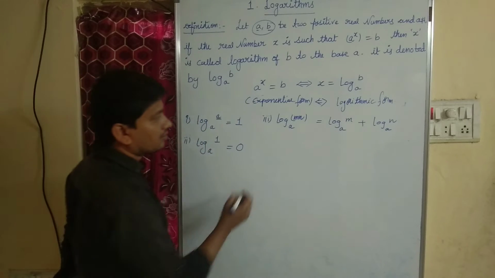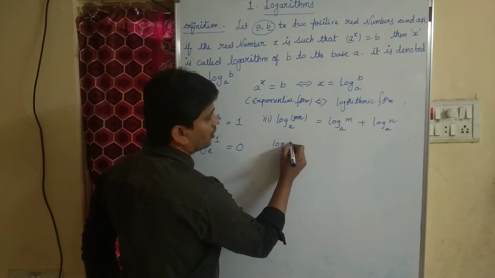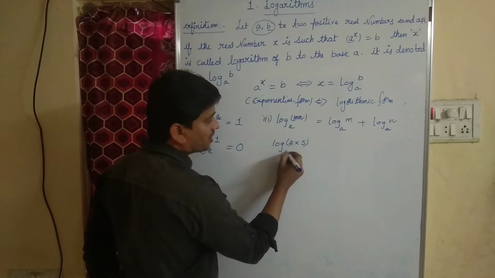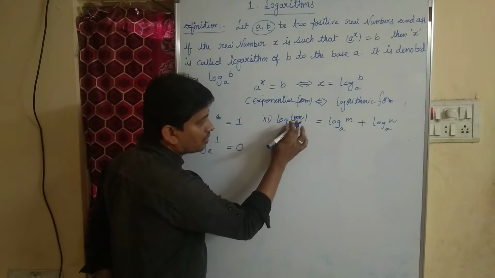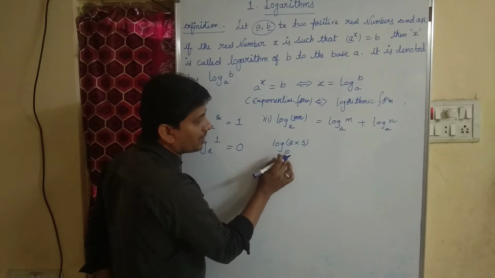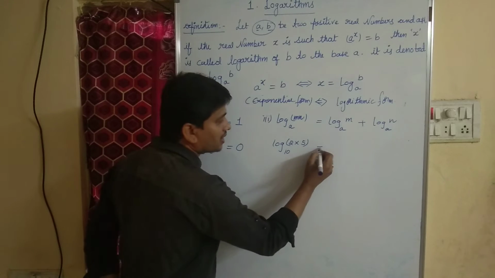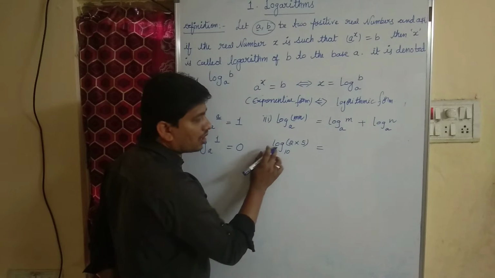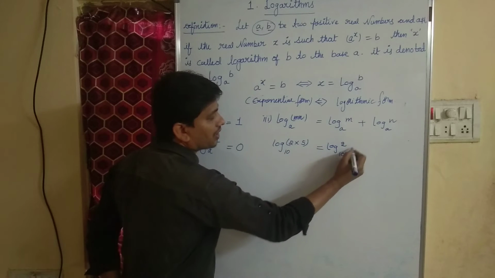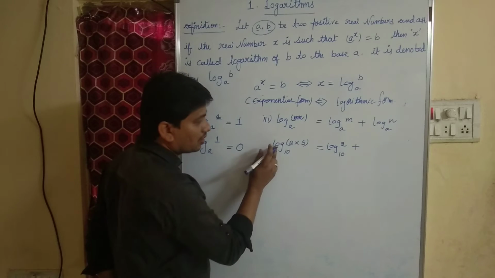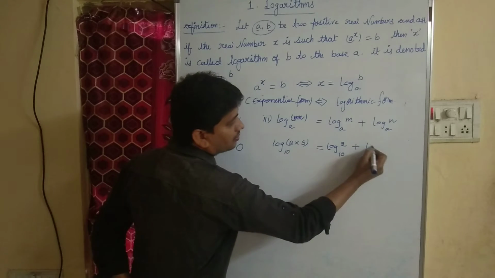For example, log 2 into 5 to the base 10. If you observe, this is in the form log m into n to the base a. How can I write it? I can write log 2 to the base 10 plus log 5 to the base 10.